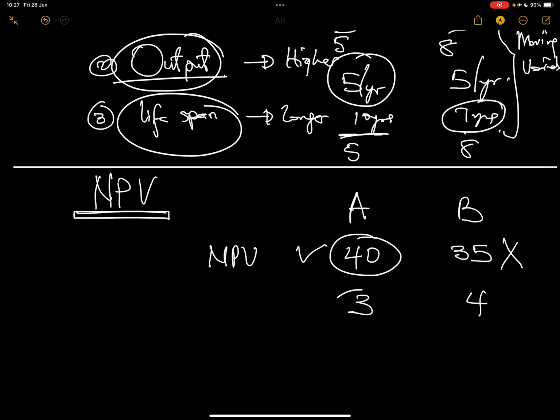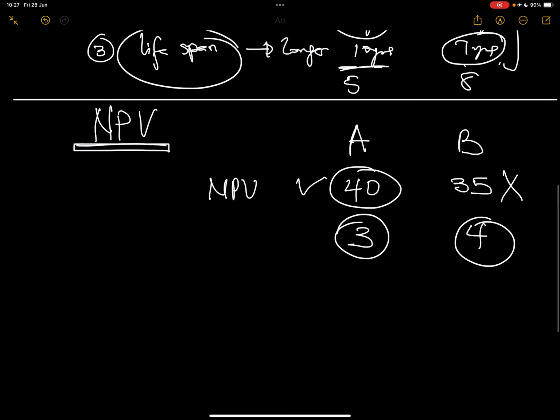Because this is over 3 years and this is over 4 years. Then you'll be wondering, okay, which one will I use? That is why you cannot just use net present value as it is.